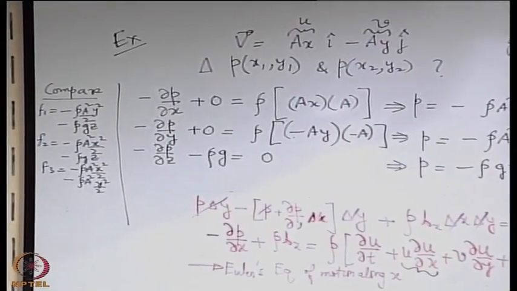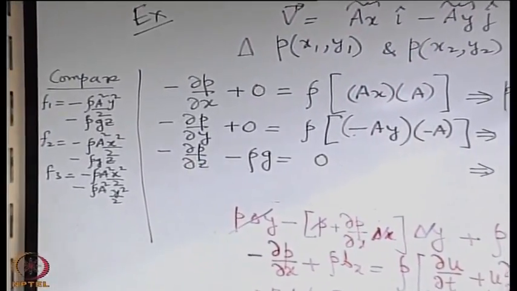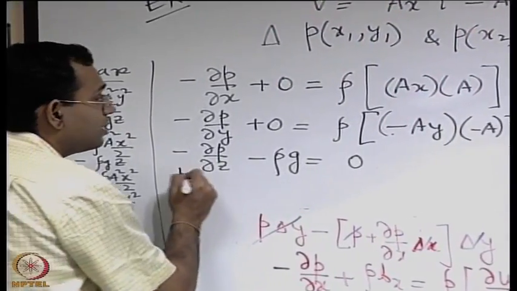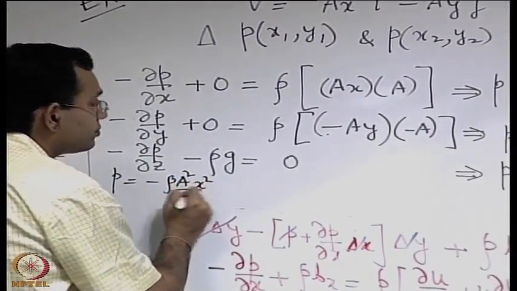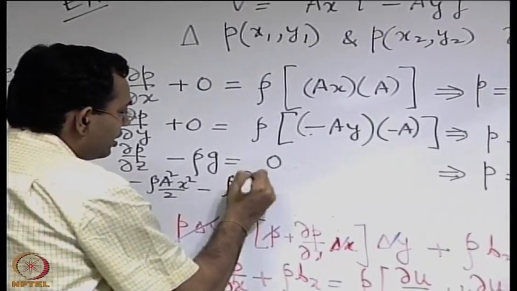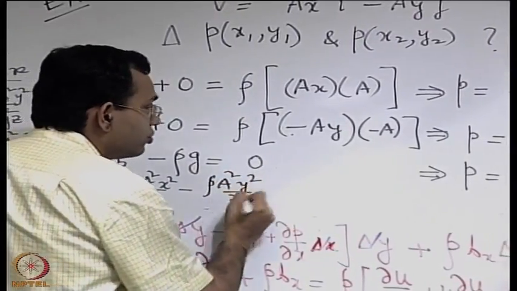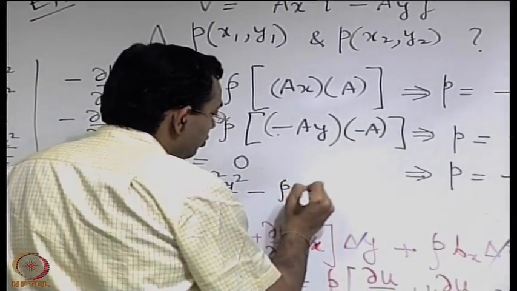Okay. So, the expression for pressure becomes minus rho a square x square by 2 minus rho a square y square by 2 minus rho g z, right.